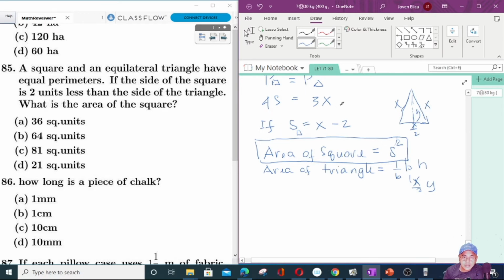From the given equations, we need to get the value of the side of the square.